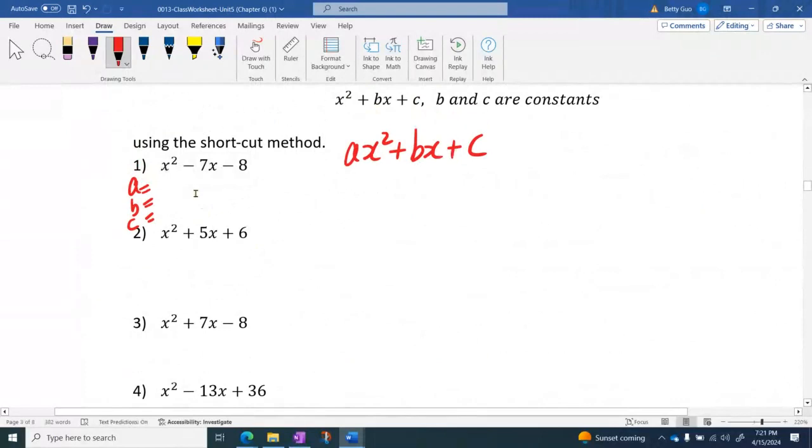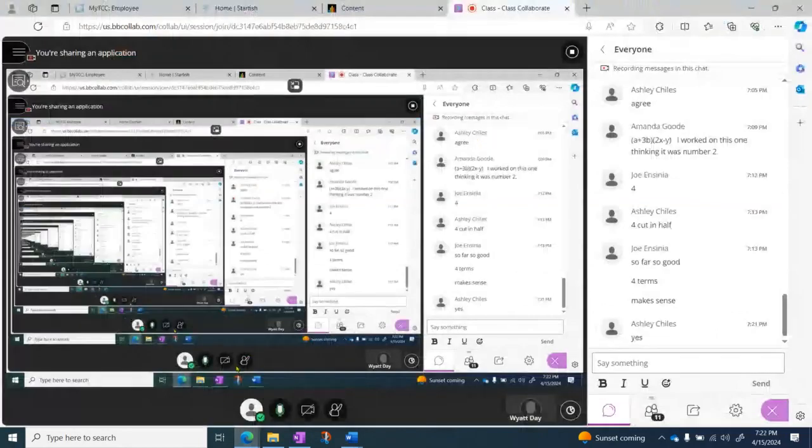Number 1, x squared minus 7x minus 8. Is that a quadratic trinomial in standard form? If it is, can you help me identify the values of A, B, C?